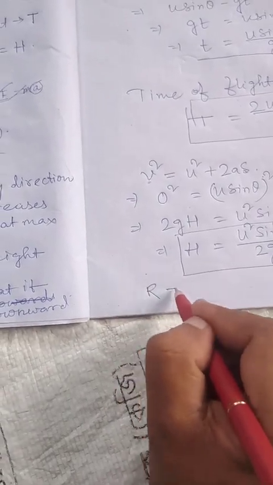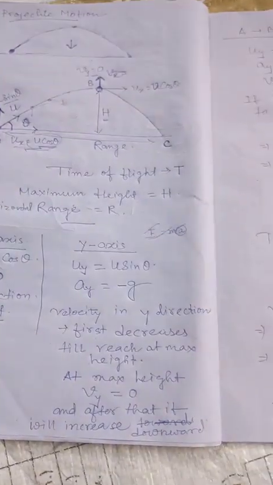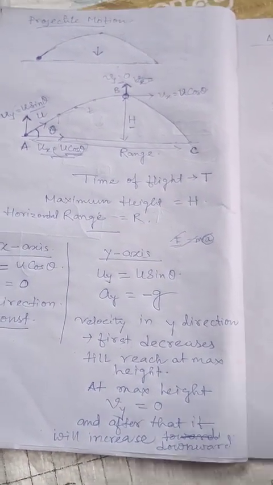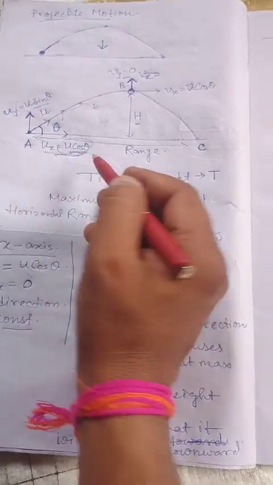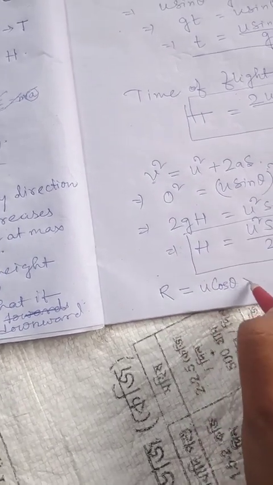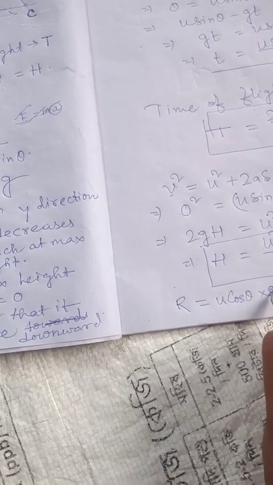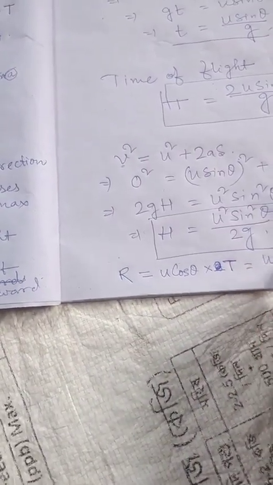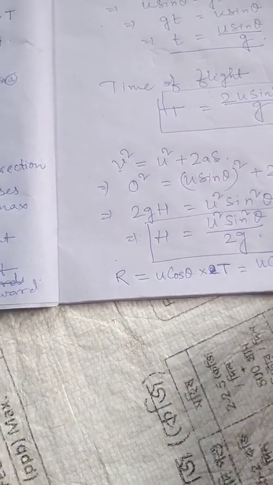Range is equal to the total distance covered by the body, which is the velocity along the x-axis direction, u cos theta, into the time taken, 2t. So we can write u cos theta into capital T, which is 2u sin theta by g.